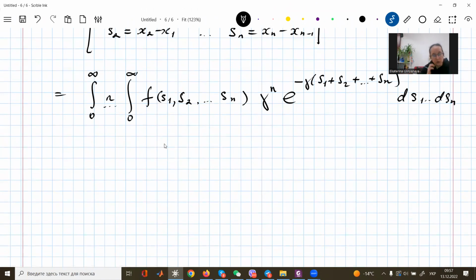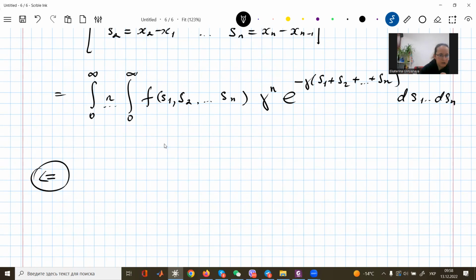But this was only the first part of the theorem. We proved that if we have a Poisson point process, then we have independent, identically distributed intervals between points. And now we can prove the converse direction. It's not hard, so we exactly have time for this.